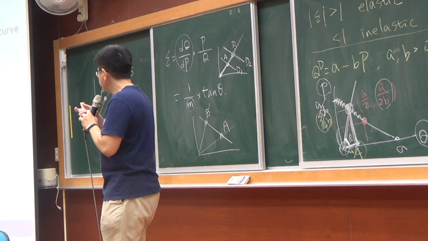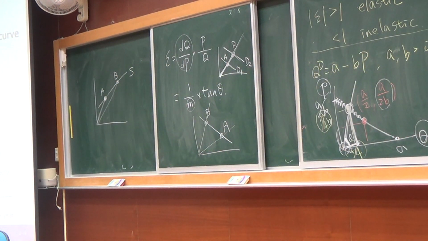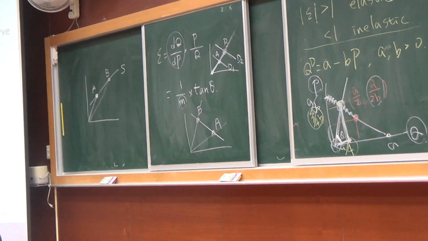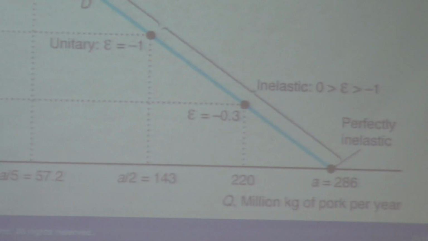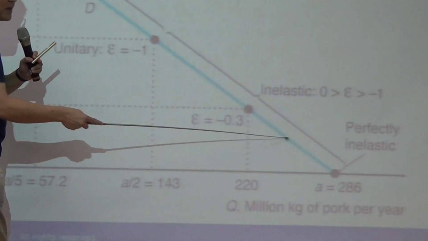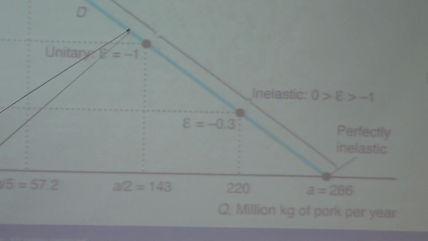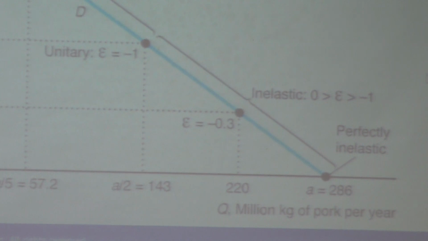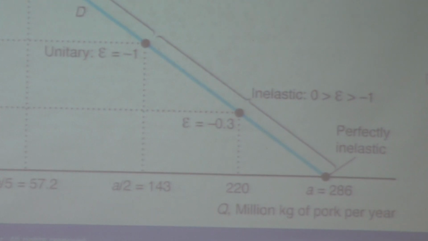All right. What about this point? What about the elasticity of this point? The slope m is the same. So all points on the curve share the same m. But the tangent value of this point would be 0, is that right?